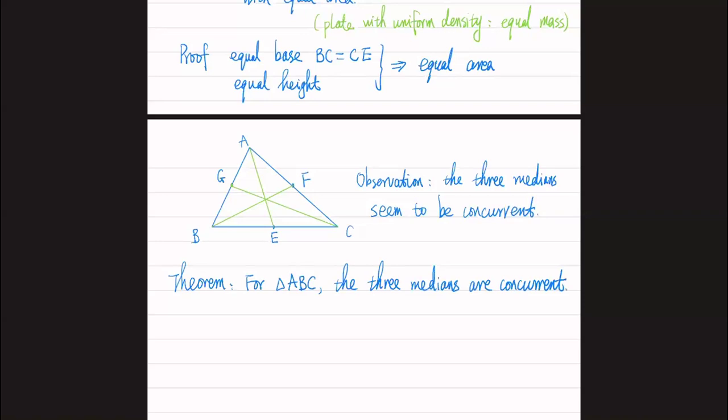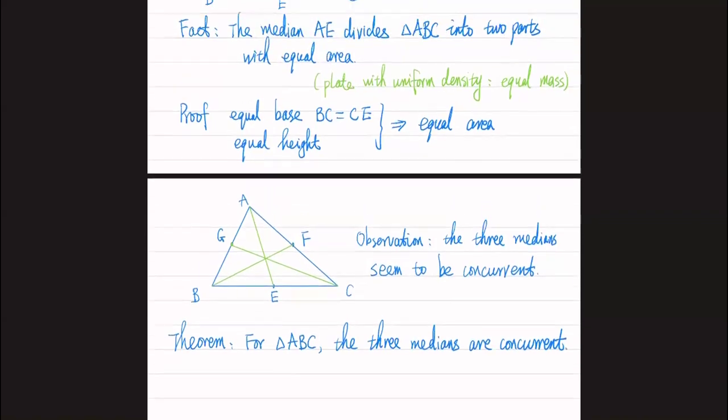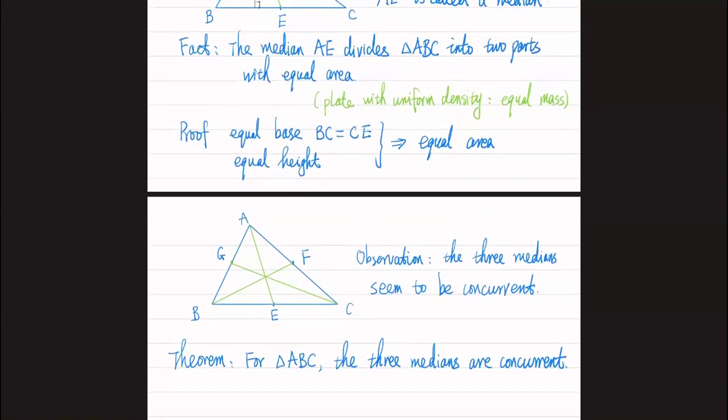As we have seen before, if we assume uniform density, then the median divides the triangle into equal mass. This one equal mass, and this one equal mass, and this point will be called the center of mass.